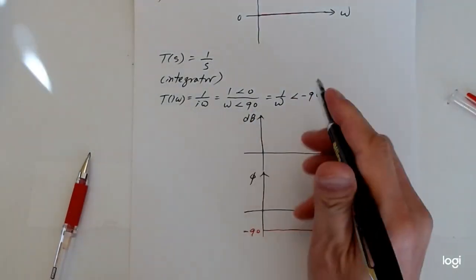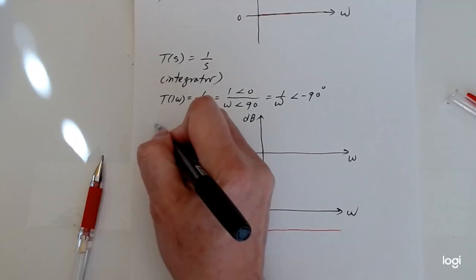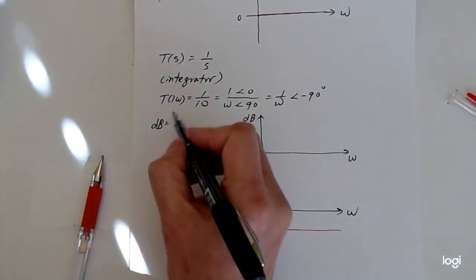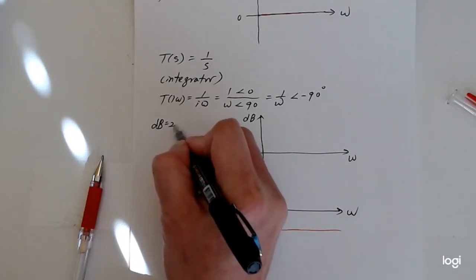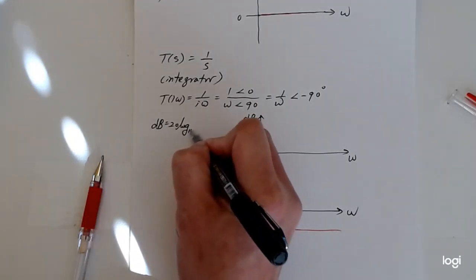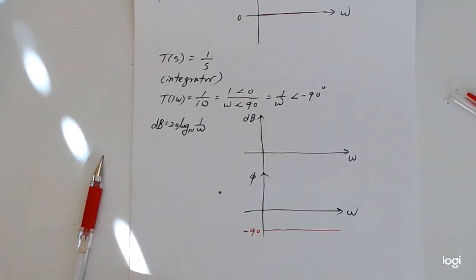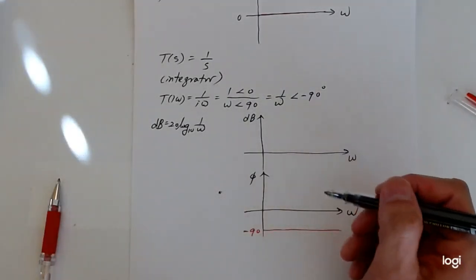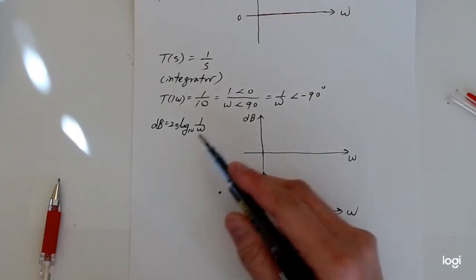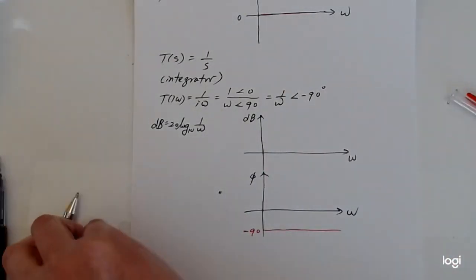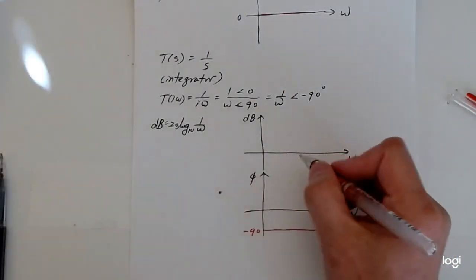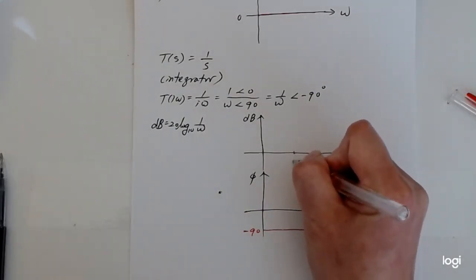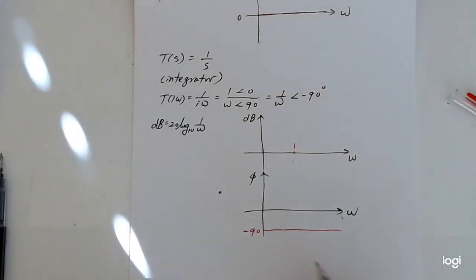For dB, it should be 20 log of 1 over omega. So omega equal to 1, that's 0 dB.